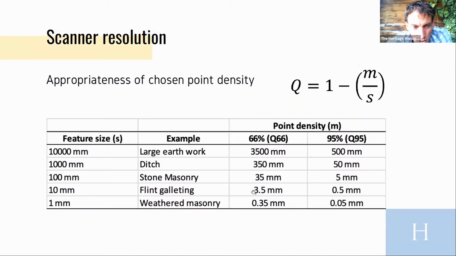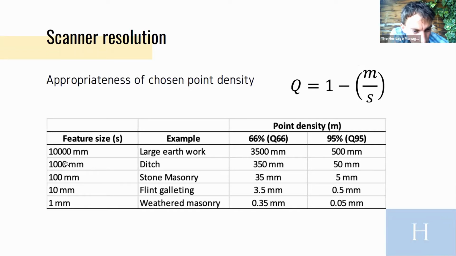So how to decide on a proper scanning resolution? Well, just as a rule of thumb, I'm giving you this table. I don't remember where I found this table, so if you really want to know, it's from an article. I think it was an Austrian or a German article, but I'm not quite sure about it, to be honest. But it will give you an indication of, okay, what is the dimension of my feature?